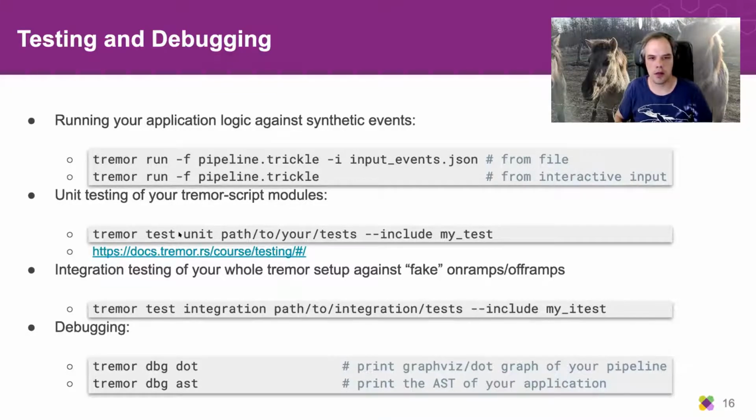You can run unit tests for your scripts. So if you write some functions for, I don't know, transforming some JSON format, or calculating some difficult math in Tremor script, then you can have some unit tests verify that stuff actually works.